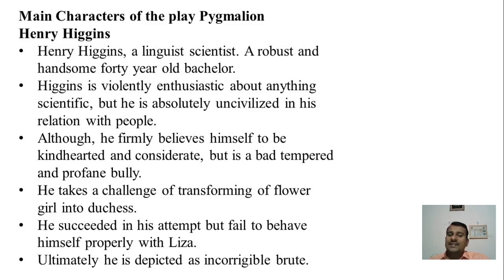He succeeds in his attempt but fails to behave himself properly with Lisa. He does not consider others' attempt in the success. That really hurts Lisa, and she feels very upset and departs from the scene, ultimately marrying Freddie. Ultimately, he is depicted as an incorrigible brute.